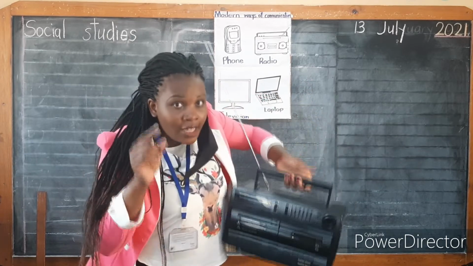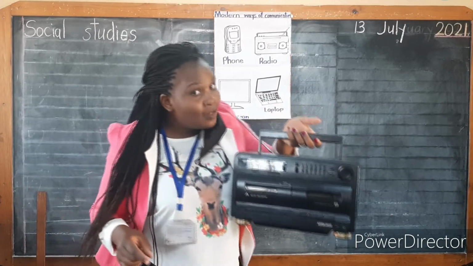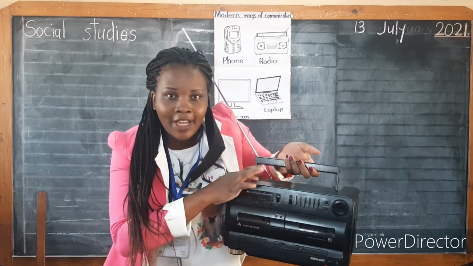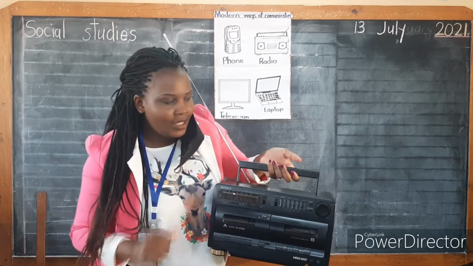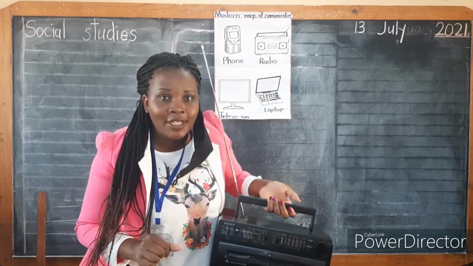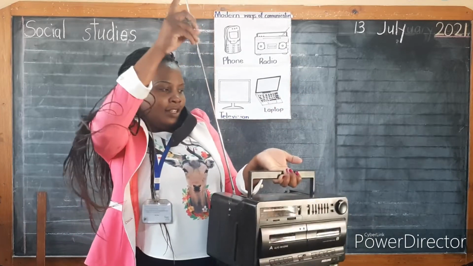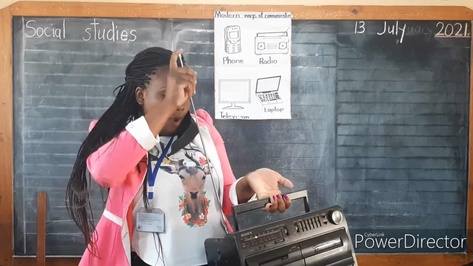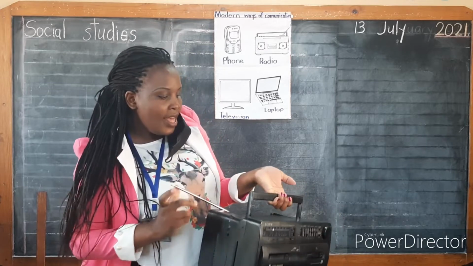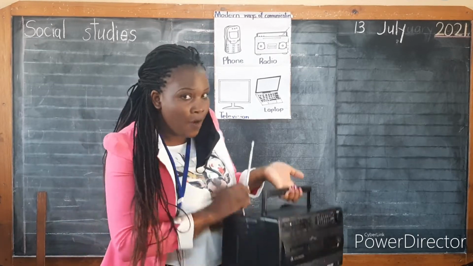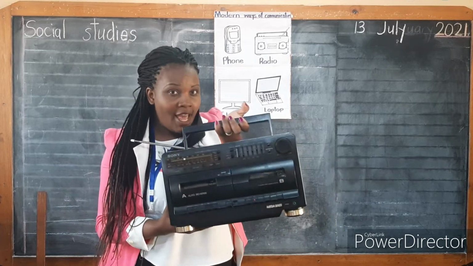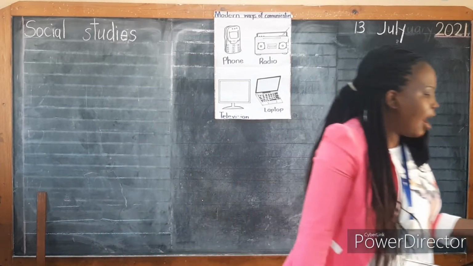So, if you want to listen to the news, you want to listen to the music, you turn on the radio, and you'll be able to get the information that you want. Okay. So, I'll also put this one away. Remember, this is a radio. Okay, I'll put it aside.